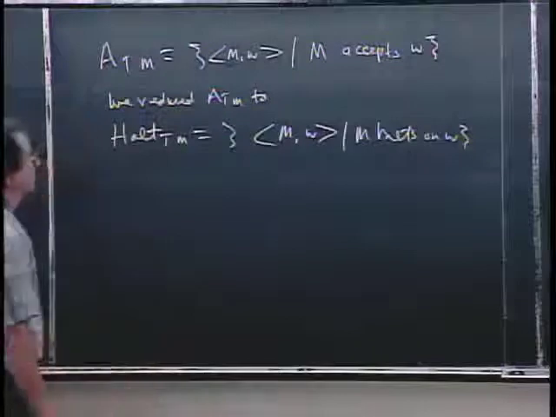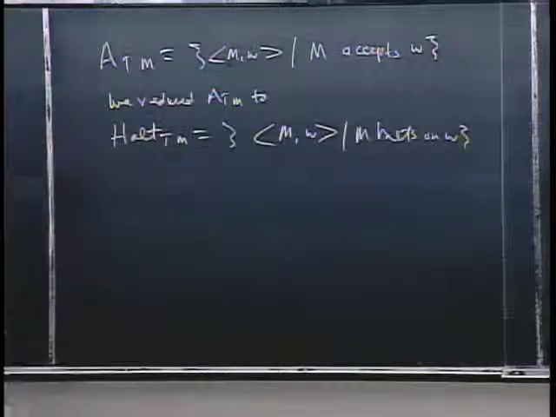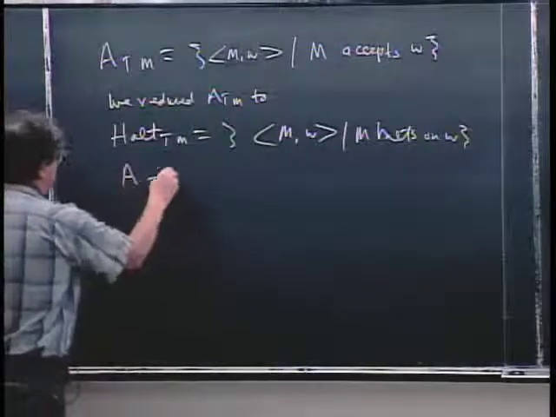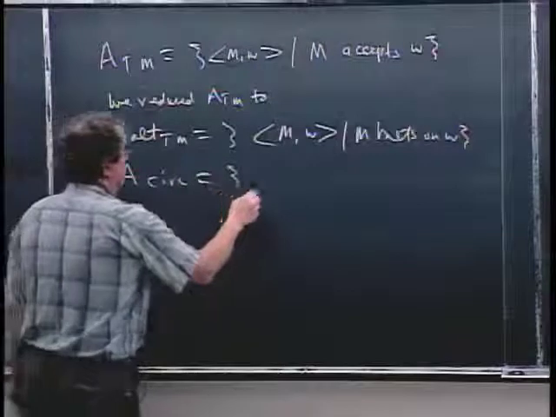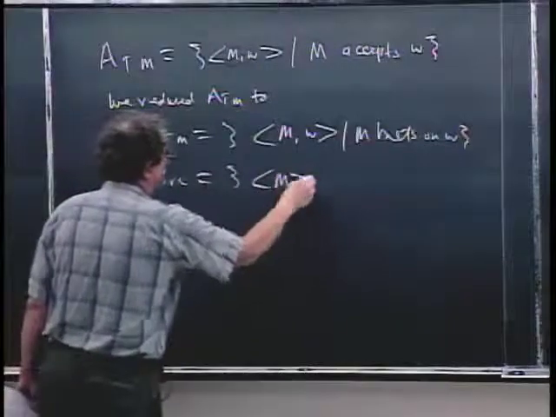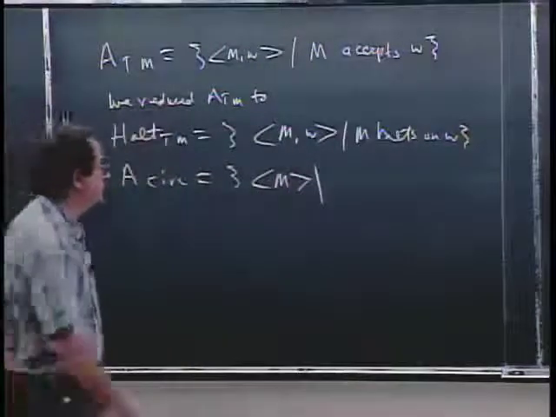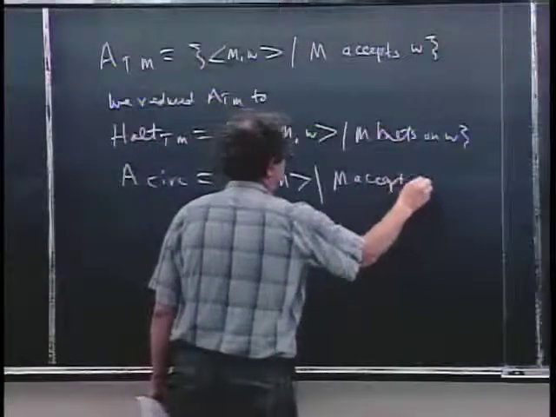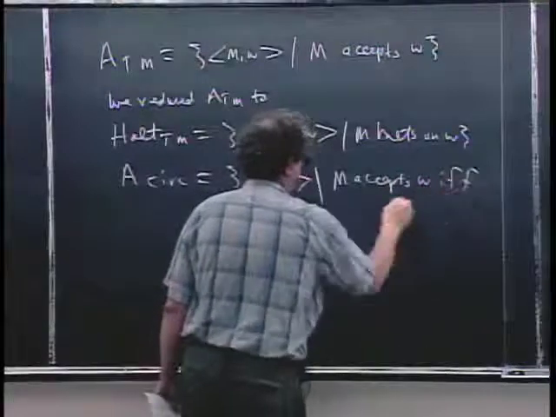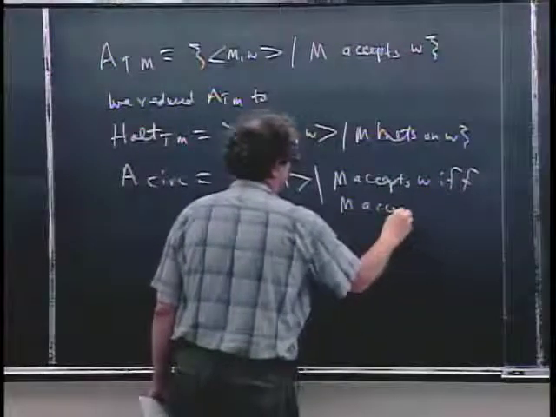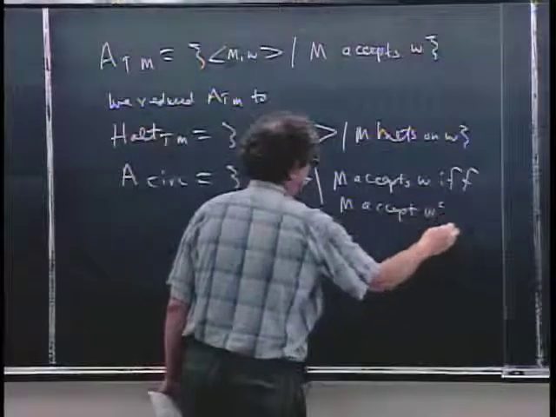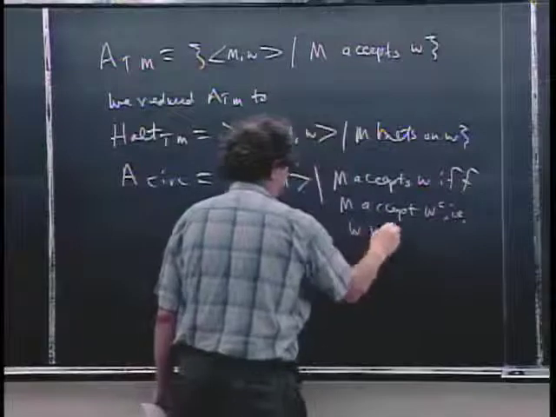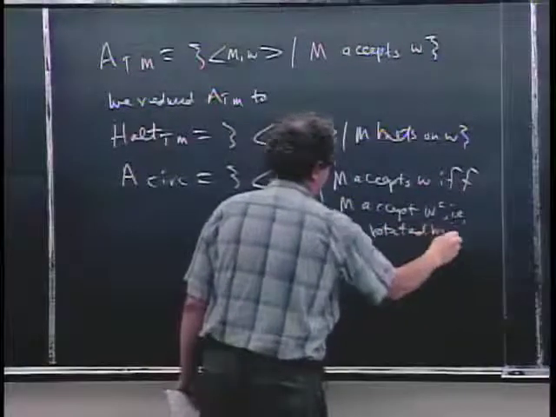We also then did one that was not in the book. So this one is in the book, and then one that's not in the book, I think I called it A circ. It's the set of descriptions of Turing machines such that M accepts W if and only if M accepts W circulated, i.e. W rotated by one position.